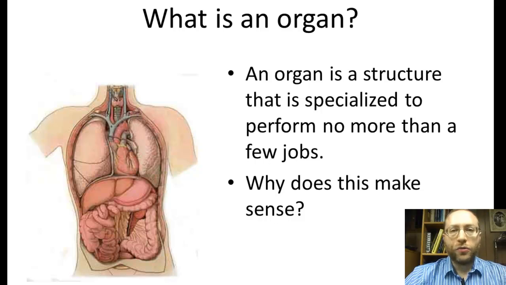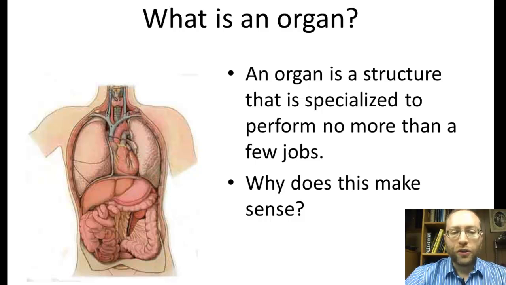Before we get to organelles, let's first look at what they're named after, and that is organs. Organs, just like organelles, are structures that are specialized to perform no more than a few jobs. For example, the function of our lungs is basically to make oxygen available to the body, and also to excrete the carbon dioxide that is brought in from the blood.